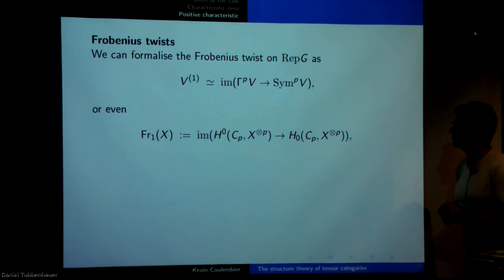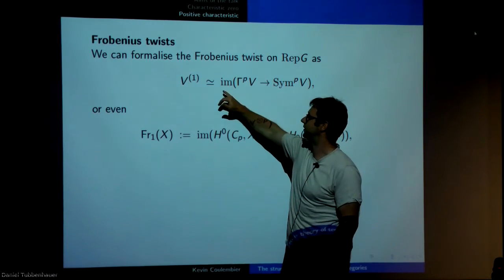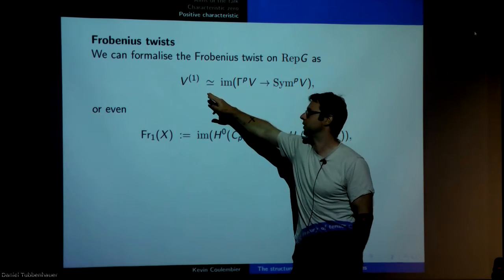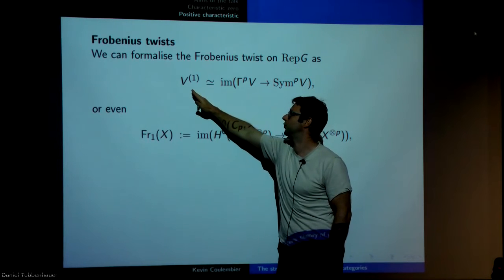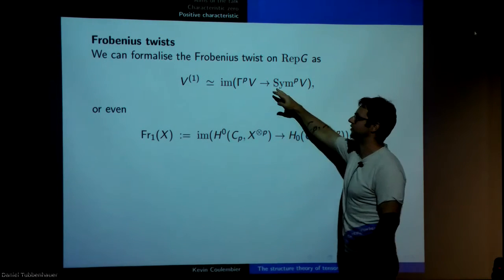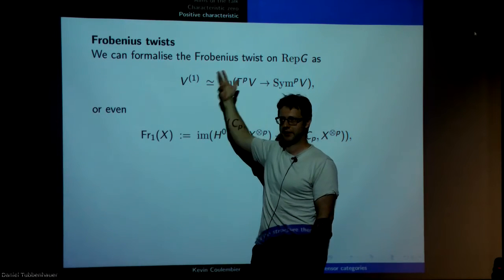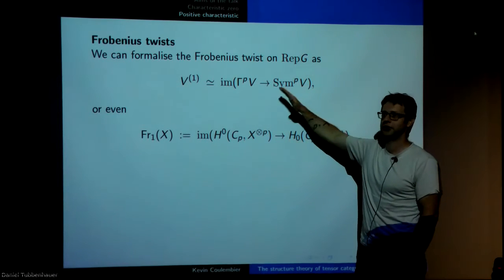Depending on your situation, the good or the bad thing about this is that if I take a supervector space, this will kill the odd part. Because let's say we take a one-dimensional odd supervector space, both of these things are 0. So for a vector space, it basically gives you the same vector space, with the same dimension. For a supervector space, that's not the case.